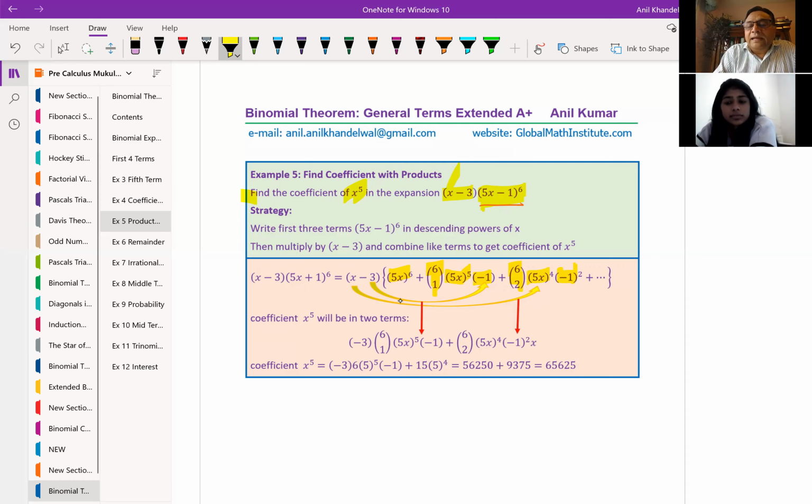And when you multiply x with the third term, you again get x to the power of 5. Both those terms are like terms, so add their coefficients as shown here and get your answer. It is as simple as that. The important thing here is to only expand as much as required. You don't have to do the full expansion.